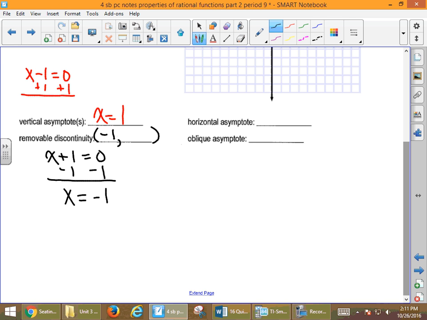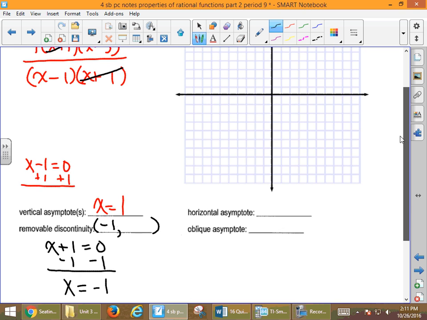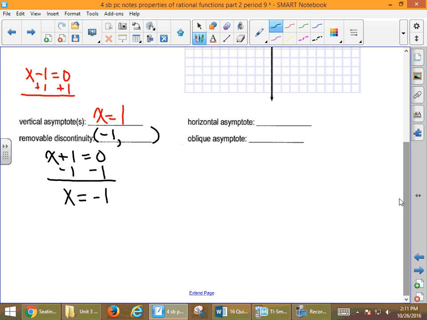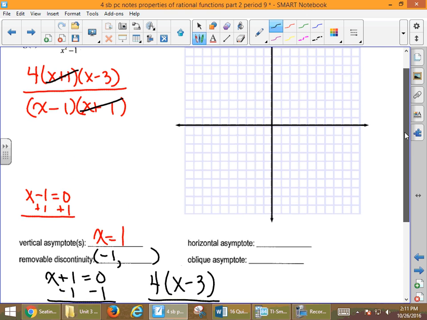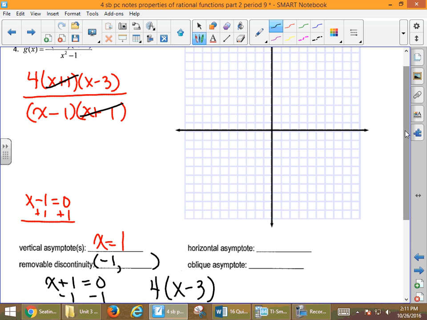And I should have drawn in my asymptote, but I'll draw that in a minute. But to find the other part of our ordered pair here, what's still remaining in the problem is 4 times x minus 3, the parts that didn't cancel out. 4 times x minus 3 divided by x minus 1.